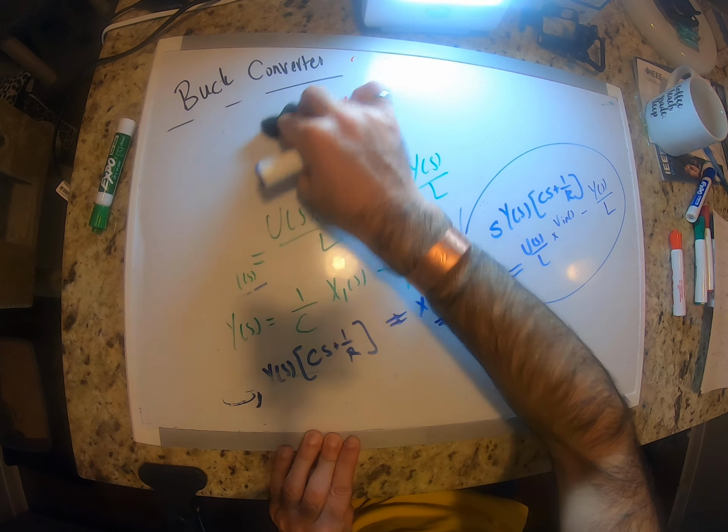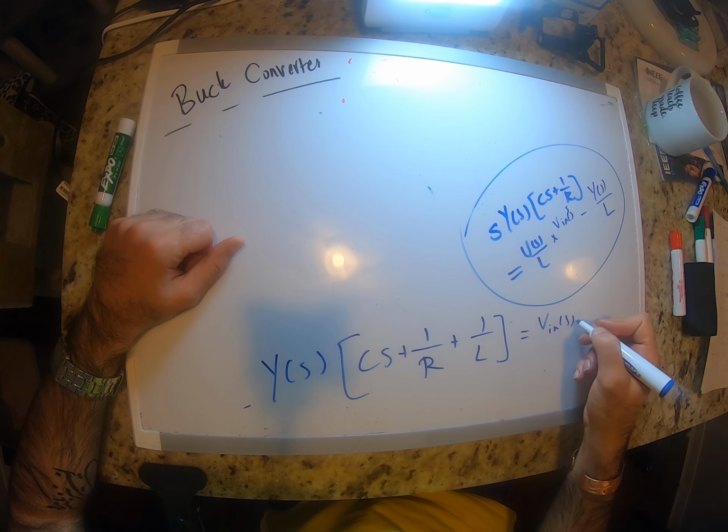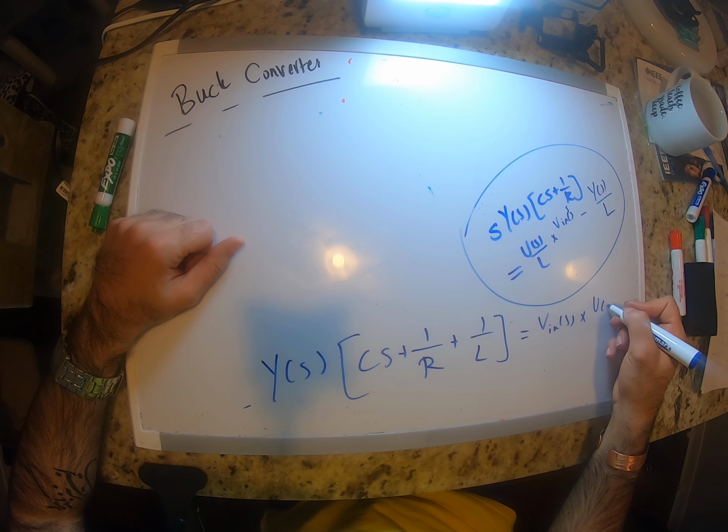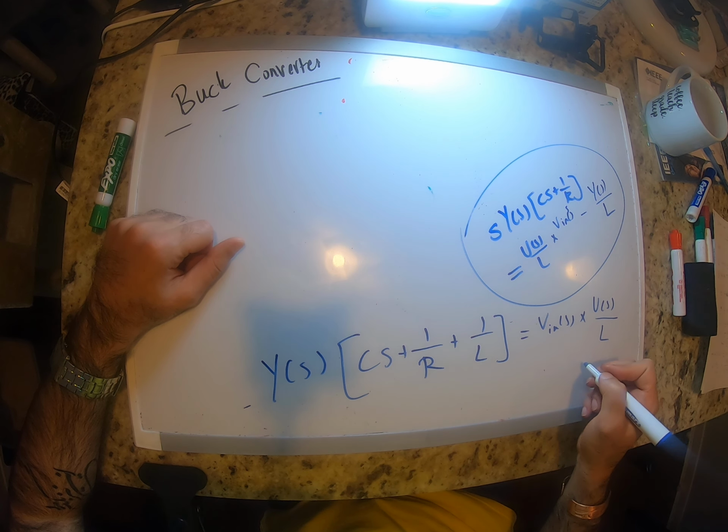Y of S multiplied by CS plus 1 over R plus 1 over L is equal to V in of S times U of S divided by L.